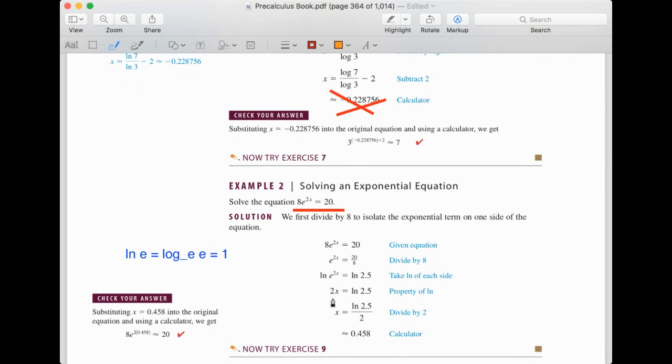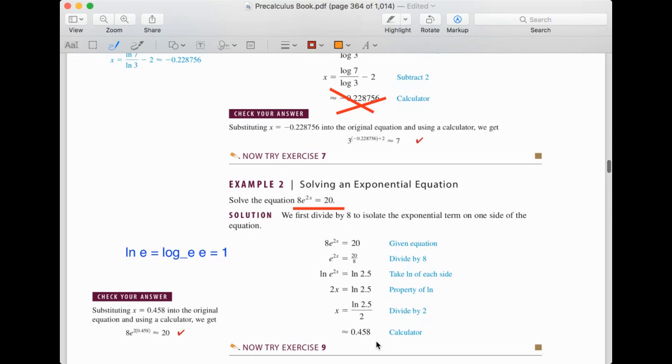So 2x times 1, we have 2x. And this side we have ln 5 over 2, or 2.5. We divide by 2 on both sides. We have x equals ln 2.5 divided by 2. We don't need to approximate. All right, that's how we solve.